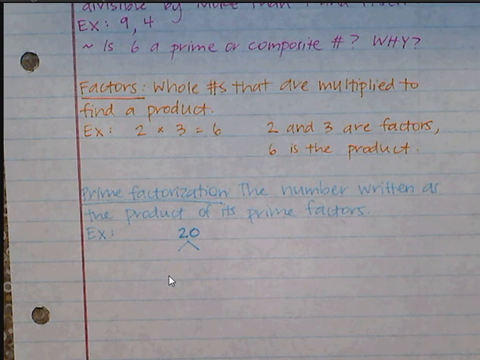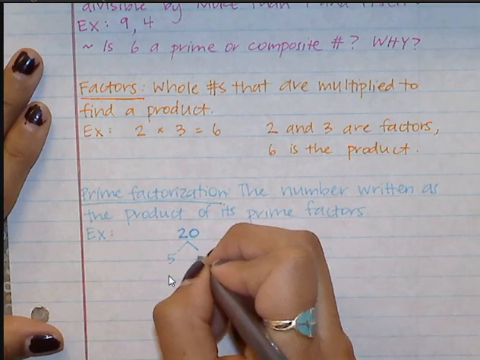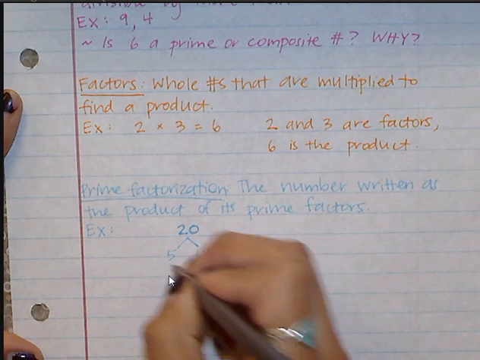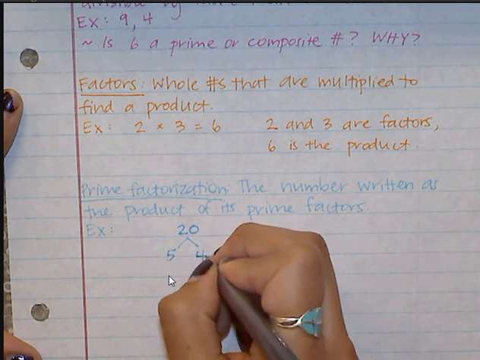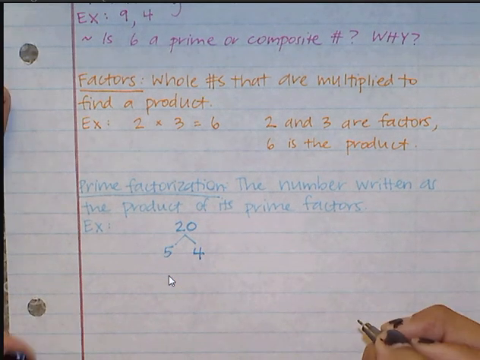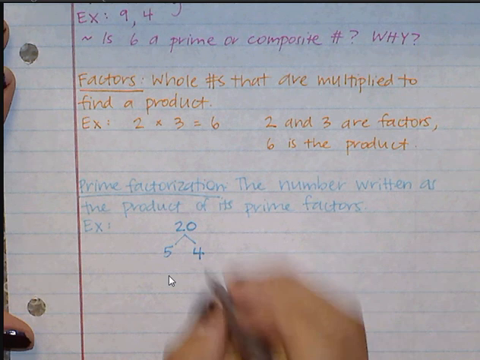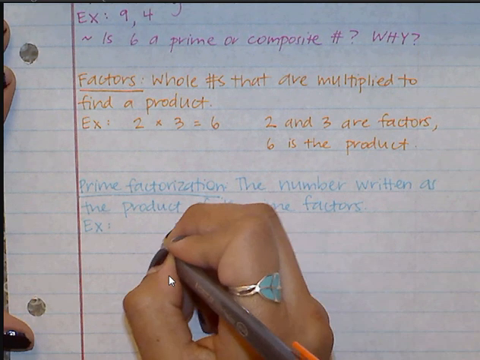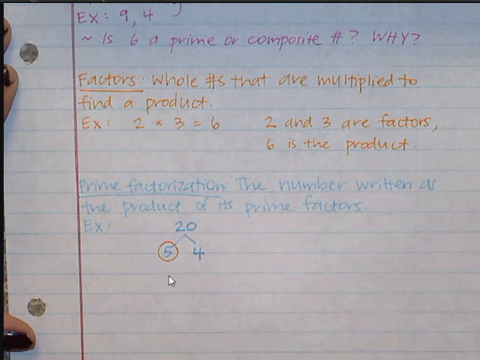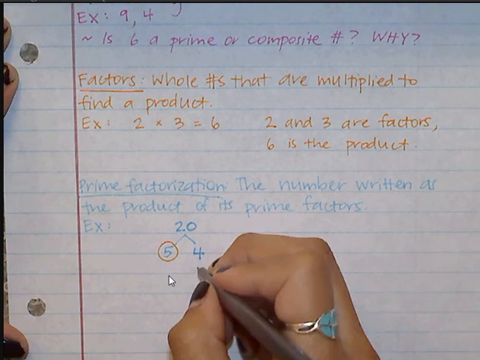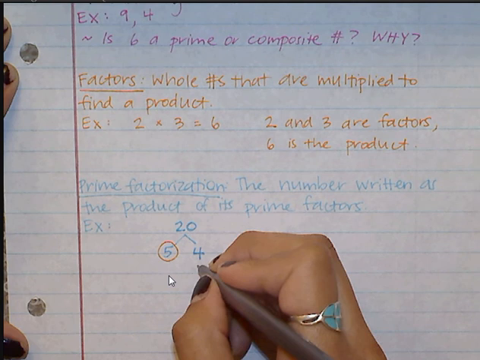Let's try 5 and 4. Is one of those a prime number? Yes, Miss Gomez, one of those is prime. You circle the prime number. I'm assuming you circled 5. 5 is prime. Is 4 prime? No, it's a composite number.